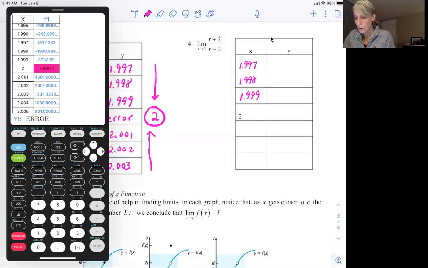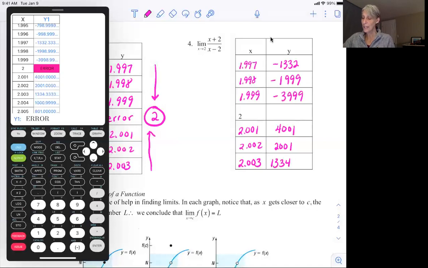My y values, oh, my eyesight is so bad, negative 1,332, negative 1,999, negative 3,999. When I'm bigger than 2, when I plug in 2.003, I get positive 1,334, 2001, 4001.